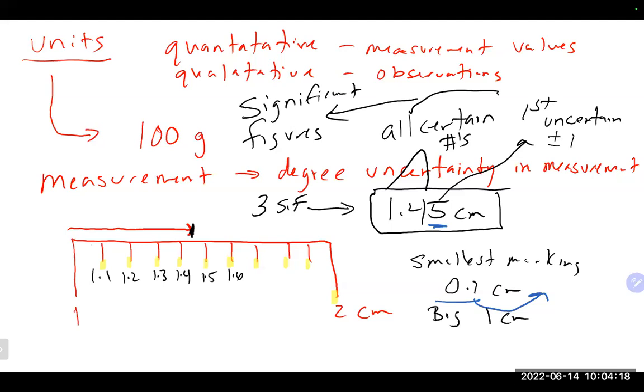So in a lot of cases, not 100% of the time, you could go one more place to the right of the smallest marking and record it properly. Any questions on that there? Now, not in all cases, because you could have something like this, perhaps.